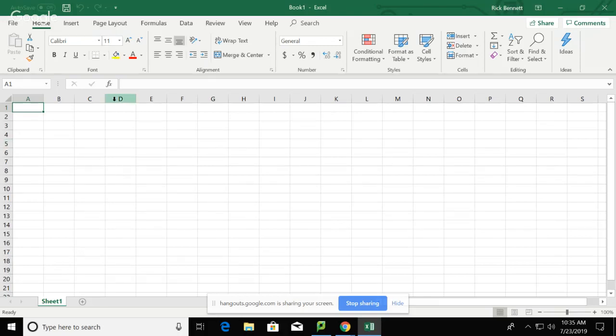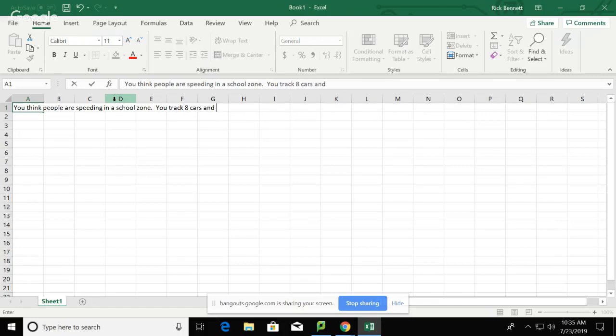Okay, so here's what we're going to do. You think people are speeding in a school zone. Okay, I'm making up these numbers. This might be an ugly problem. You track 8 cars and find the mean speed is 33 miles per hour in a 25 miles per hour zone.